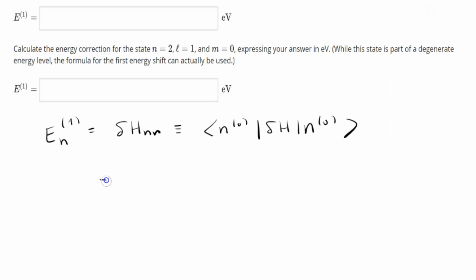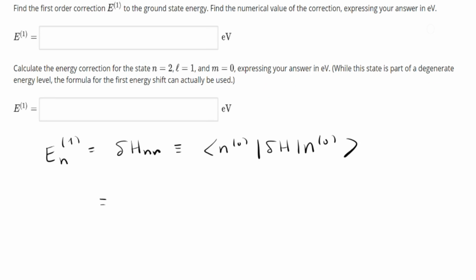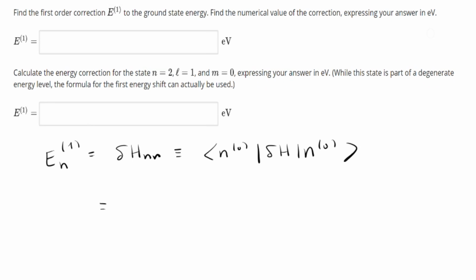So first of all, which state do we want to find the correction to? It says we want the correction to the ground state, the ground state energy correction. So let's write it as 0, 0, which means this is the unperturbed ground state.